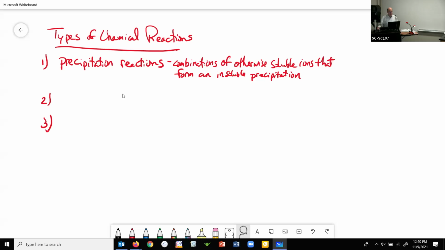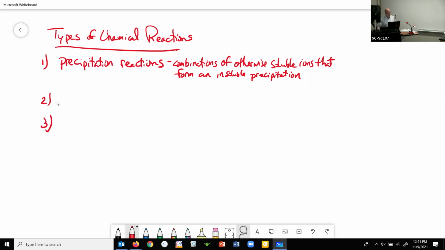We don't see a lot of precipitation reactions in biological systems. The main ones would be formation of bone and teeth. If you're looking at general organisms, any sort of mollusk, shellfish, anything that makes a shell, that's going to be involving a precipitation reaction. But largely most of biological chemistry does not involve precipitation reactions.